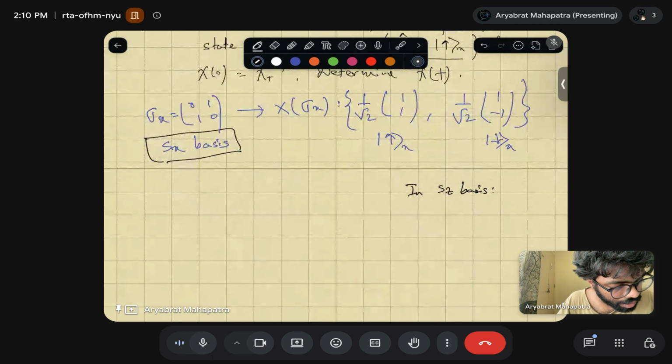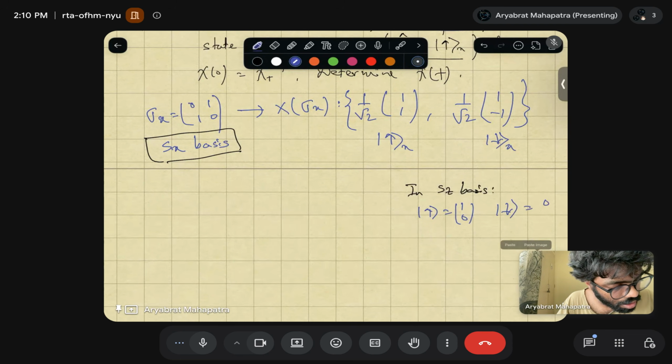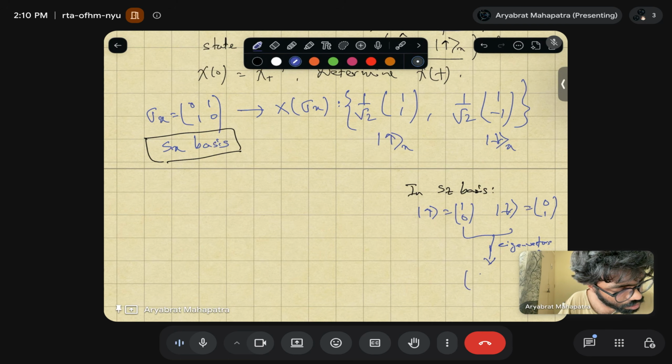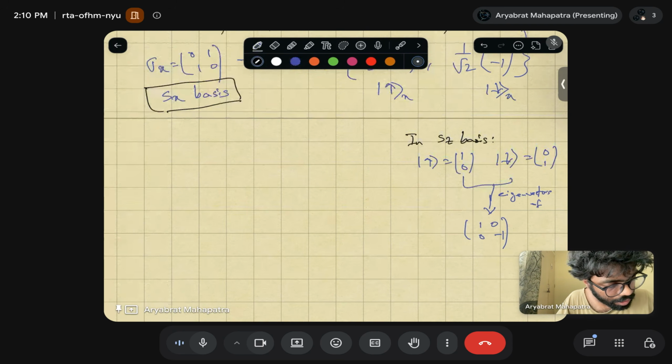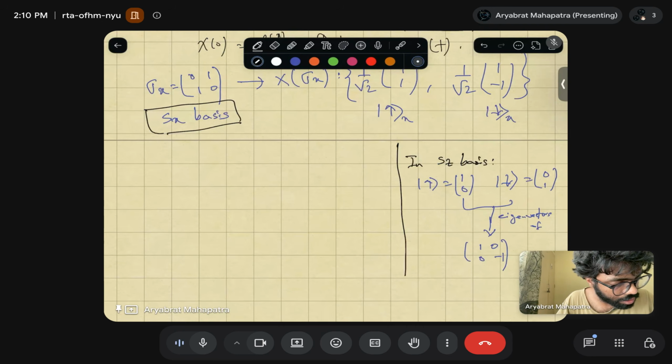For example, in the Sz basis we were writing 1 0 and 0 1, where sigma z is 1 0 0 minus 1. There is an overall h bar by 2 factor which I am missing out, but to show the eigenvectors, it is enough to just show the matrix.